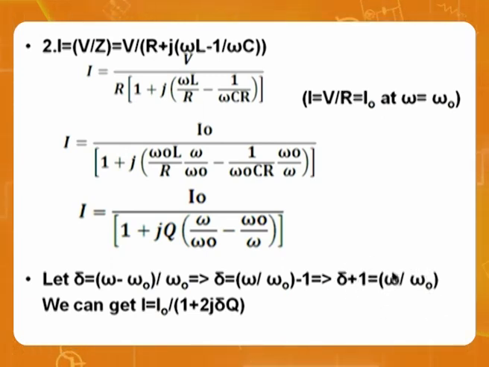We can get I equal to, look here, if I put this as 1 plus delta, this is 1 by 1 plus delta. If you take LCM and cancel the small values, delta is very, very small. So finally you will end up with I equal to I naught by 1 plus j 2 delta Q. It's good to call it Q naught because it's talking about resonance.